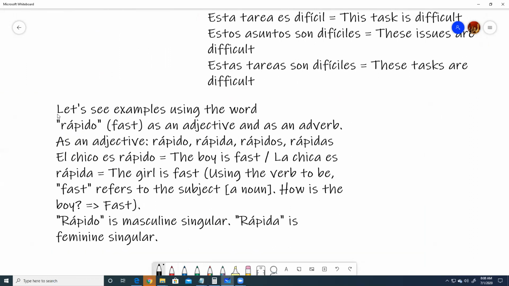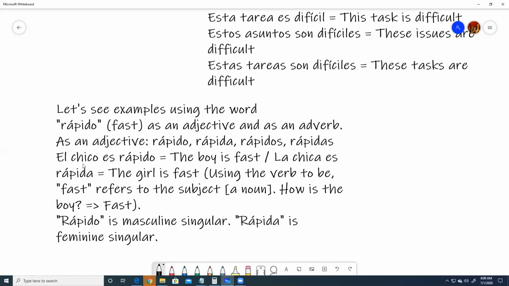Okay, here we have, let's use the word rápido, that means fast, as an adjective. It could be an adjective or it could be an adverb in Spanish. Let's see what happens when we use rápido as an adjective. As an adjective, ending in O, we have the four options: rápido, rápida, rápidos, and rápidas.